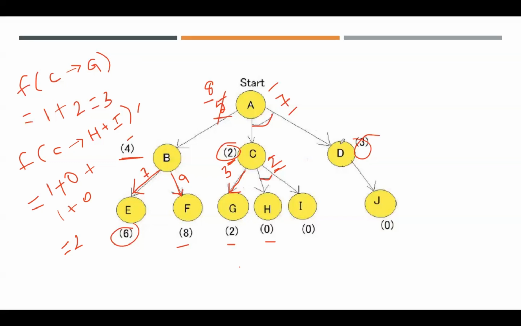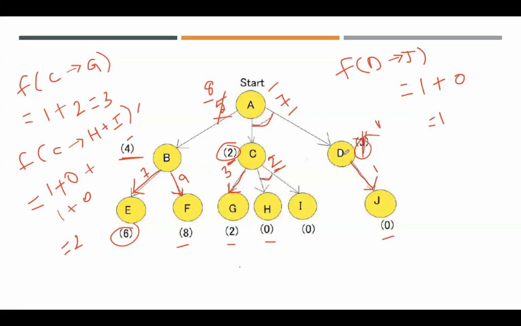So find out f of D to J equal to G of J 1 and H of J, H of J is 0. So this gives you 1. So here you need to update the heuristic of D, because this path gives you 1.